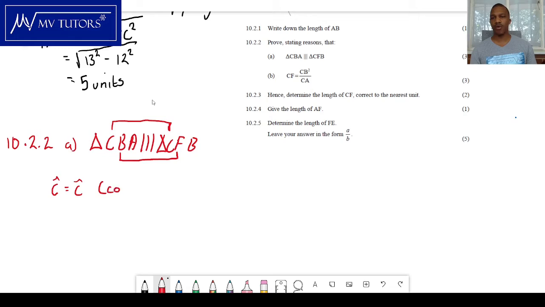Because it's common on both triangles. That's it. Now B and F, why would angle B and F be equal? Let me just say B is equal to F. Let's go look.